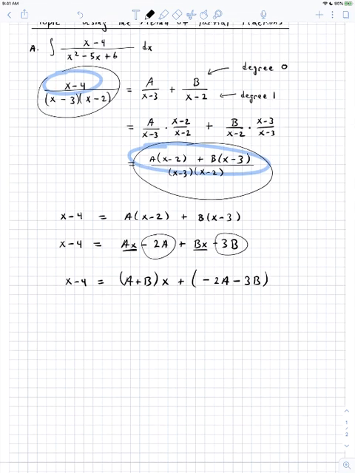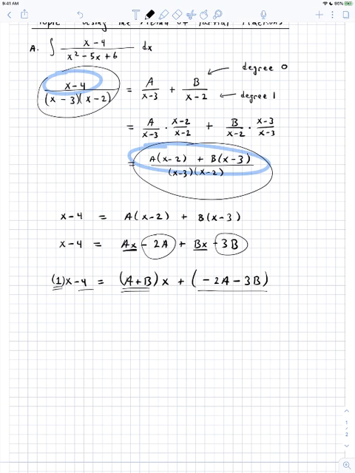So the constant term has to be equal on both sides. We have two polynomials here, and we're saying that they're equal to each other. The only way that can happen is if the constants are equal and also the linear terms are equal. Now, right there, there's a 1. We don't always write it in, but there's a 1 there.